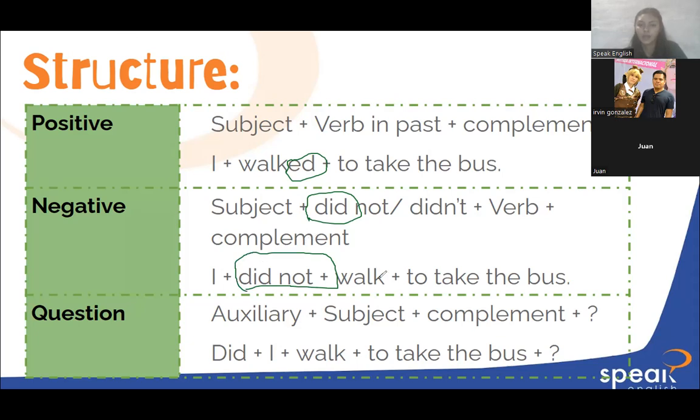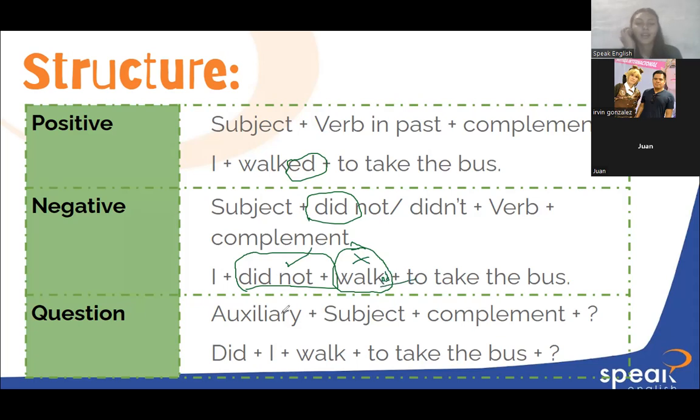And what happened here? The verb is not modified, even if that is past. Why? Because in "I did not walk to take the bus" you previously modified the auxiliary. Excellent, because here you have the auxiliary. You don't need to modify the verb. So I don't need to put the ed.